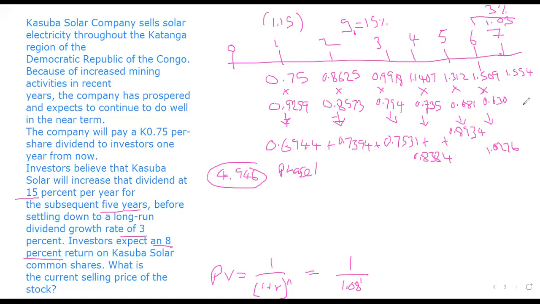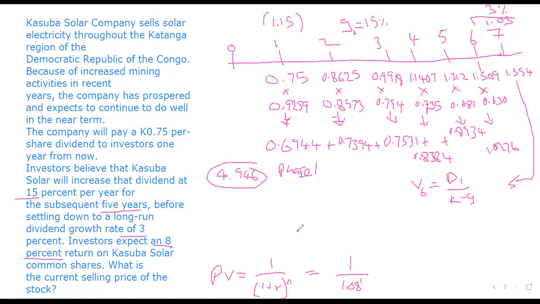Then we go to the second phase, this one here. Calculate it using Gordon's model, which says the value of stock as of year 6 is D1 over K minus G.